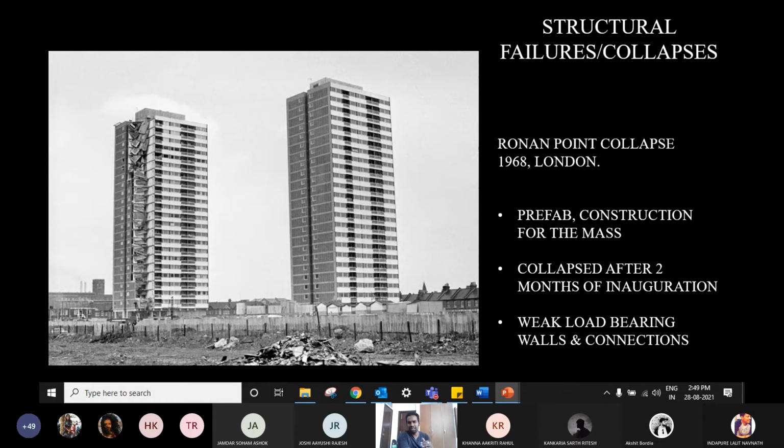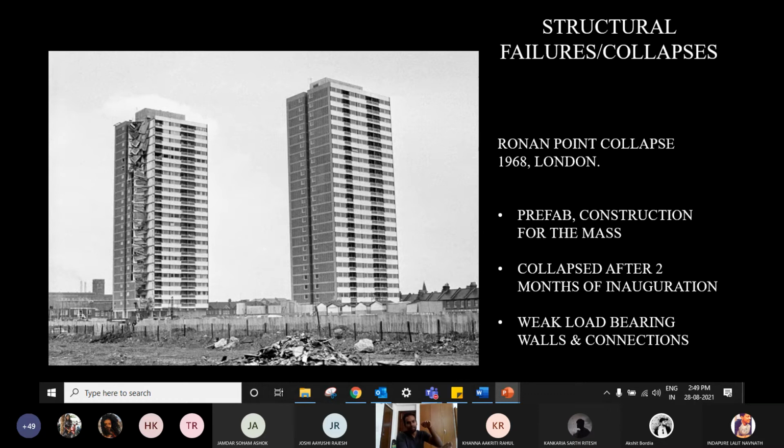So it had some construction issues, and it also had design issues. The connections were not properly designed, detailed, and constructed. So the slab and the wall, instead of having a good connection, when the explosion happened, because of the incoming force, that connection was not good, and the wall flew away.